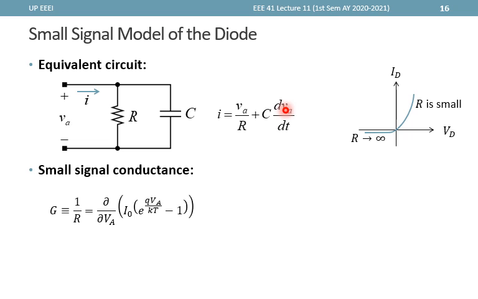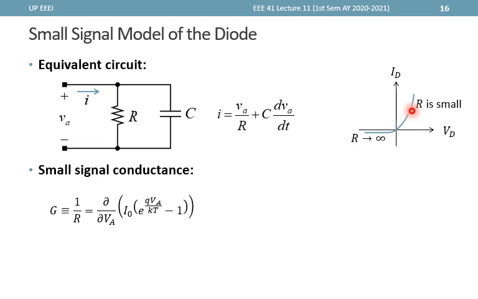Now the small signal conductance, let's start with conductance first. G is the reciprocal of the small signal resistance R, and this conductance is actually defined as the slope of the IV curve. So since that is the slope, then at this portion G is 0, which means R is infinite.